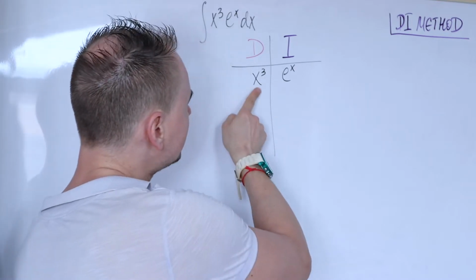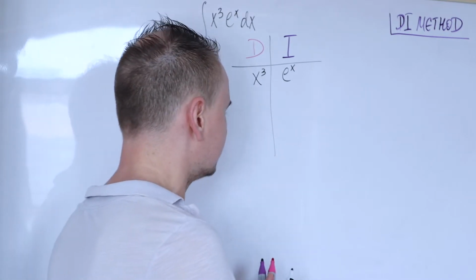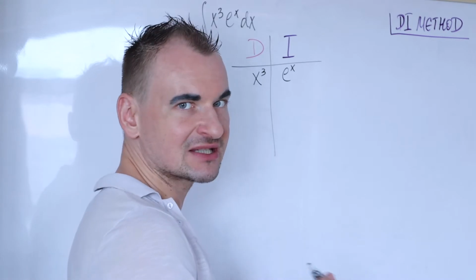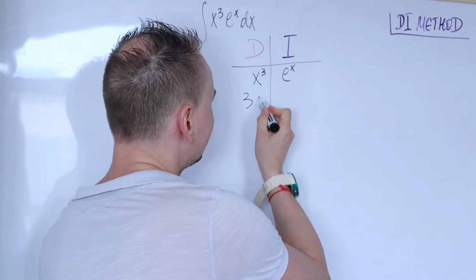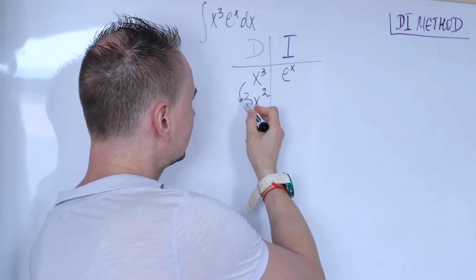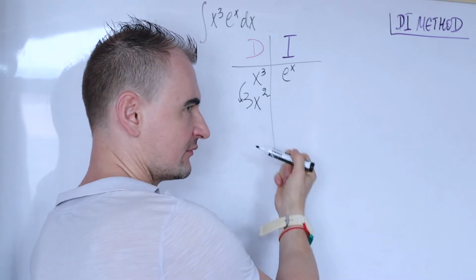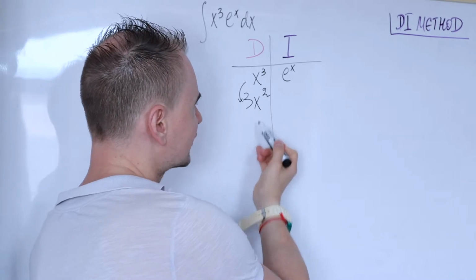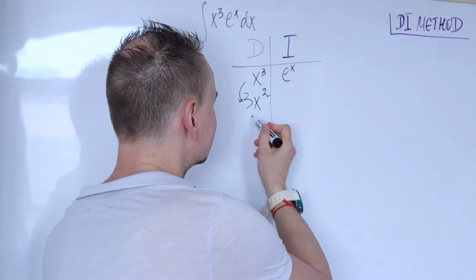Now, we're going to differentiate x cubed. So the derivative of x cubed is just 3x squared. Now, we're going to differentiate it another time. The derivative of 3x squared is just 6x.